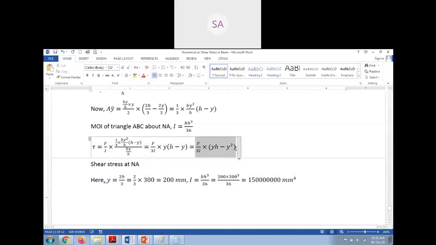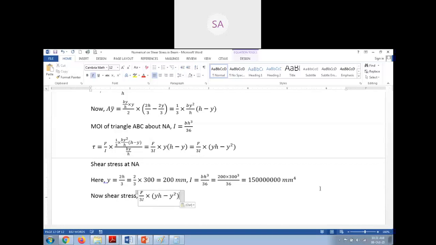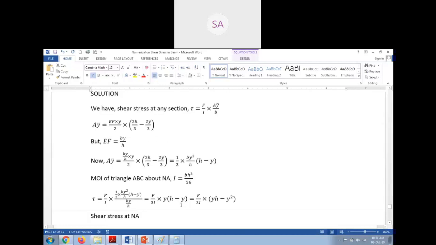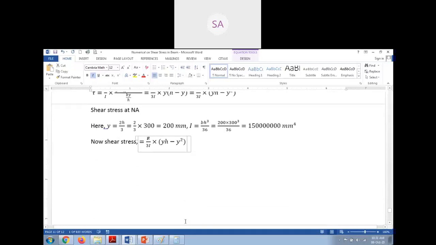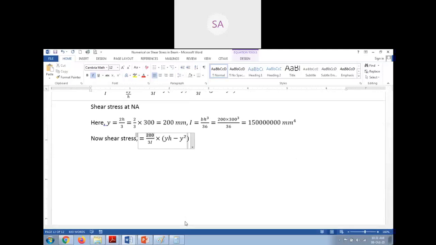So I'll use this equation. Shear stress is given by tau is equal to 3 f by 3I into this one. Now what is the shear force? 200 kilonewton. Kilonewton is 1000, so 200,000.